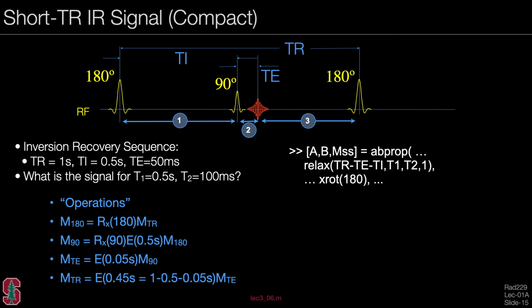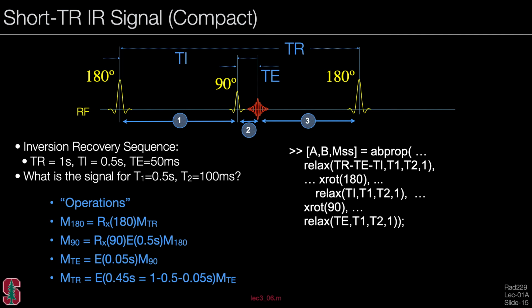We're going to pass it the inversion pulse here. We're going to pass it relaxation over the inversion time interval. We're going to pass it the AB matrix for the excitation, the 90-degree excitation, and relaxation up to the echo time.